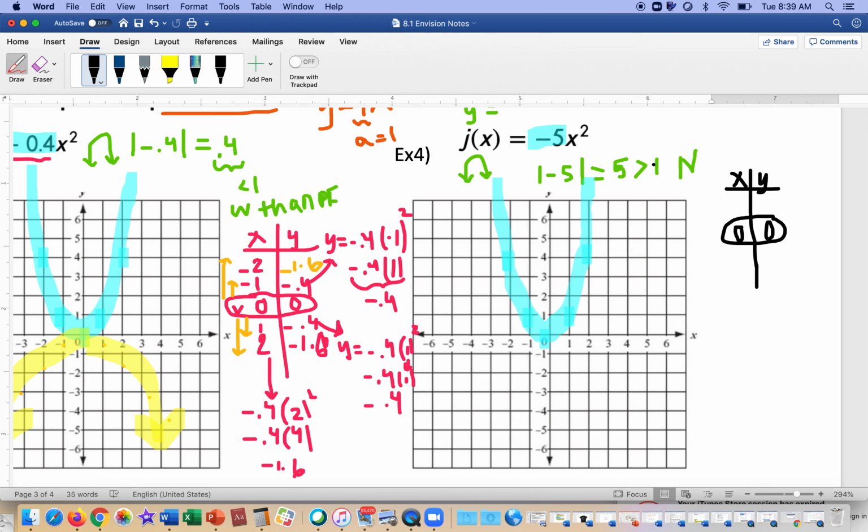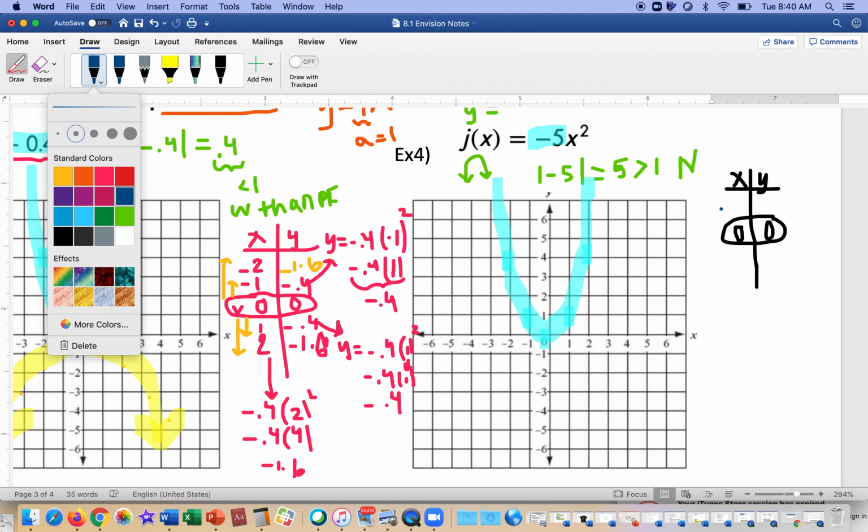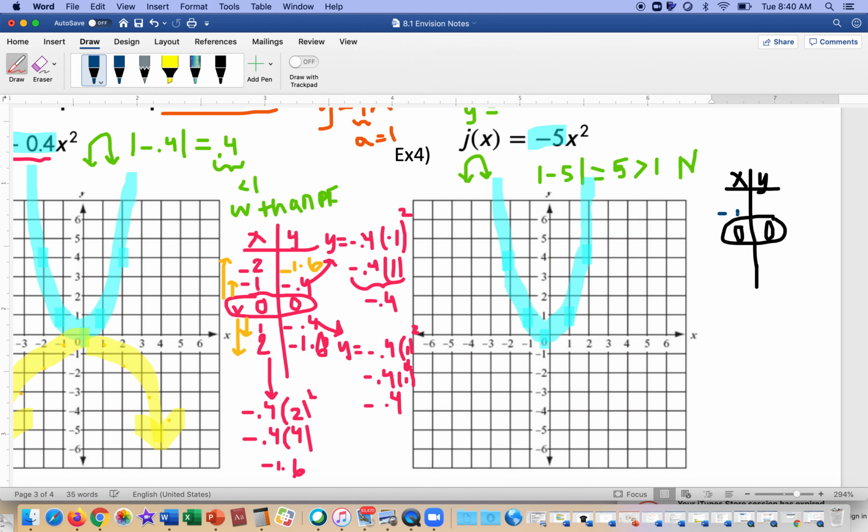If there's no bx and no c, you always know vertex is 0, 0. And we'll talk about how to find the vertex next lesson. So if we want to plug in two values on the left, two values on the right of your vertex, let's plug in negative 1, and we'll do negative 2, and we'll do 1 and 2.